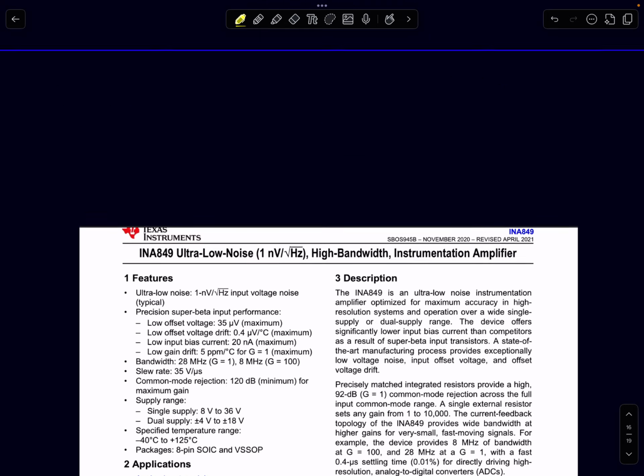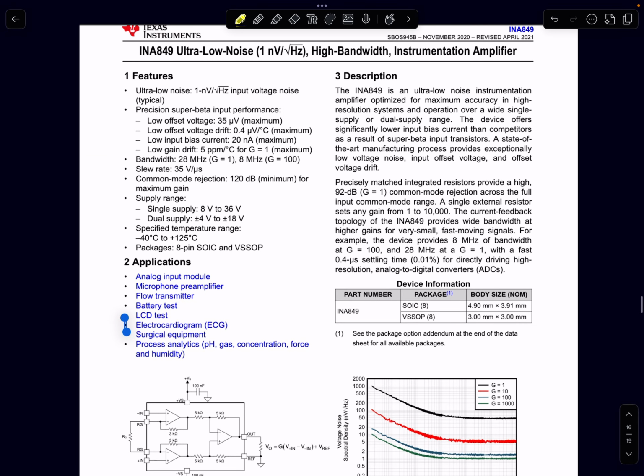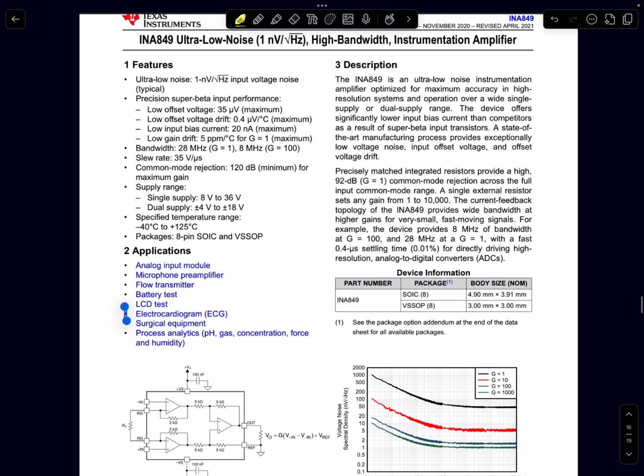So I'll show two data sheets for two instrumentation amplifiers. The first one here is INA849. This is again an instrumentation amplifier chip from Texas Instruments. Okay, so you can see again this is a very low noise instrumentation amplifier which you can use in driving high resolution ADCs.